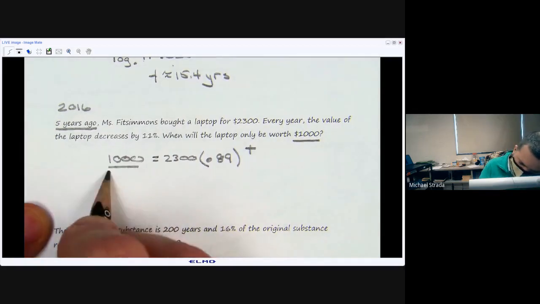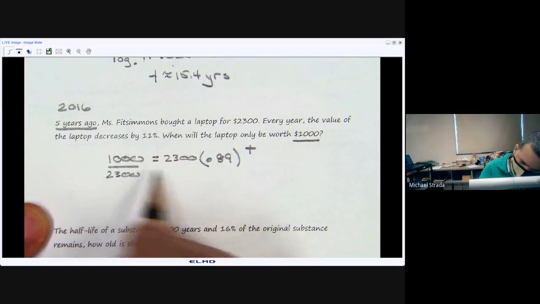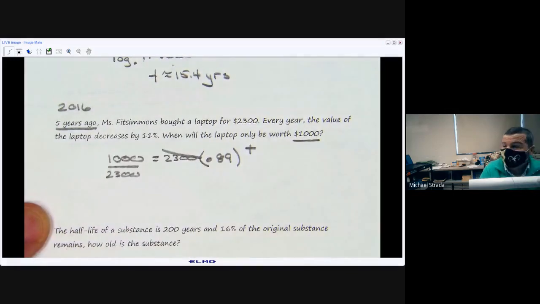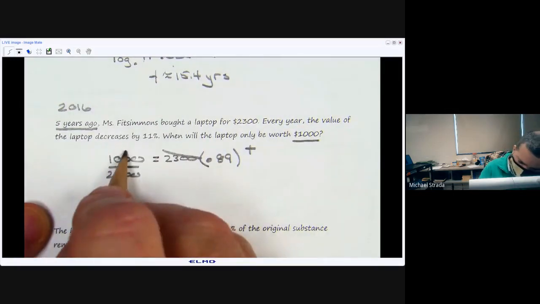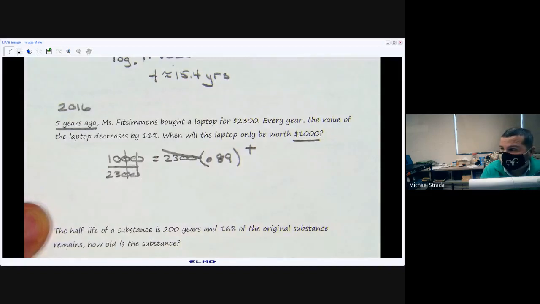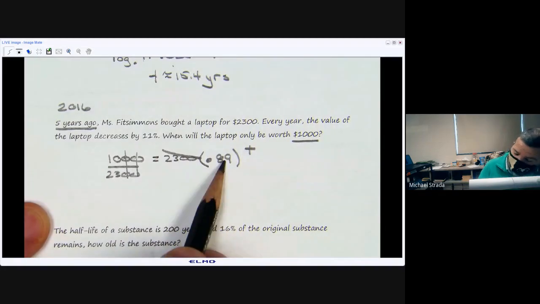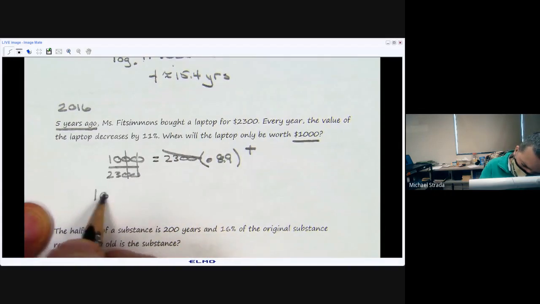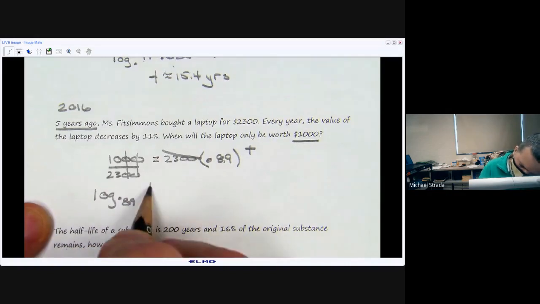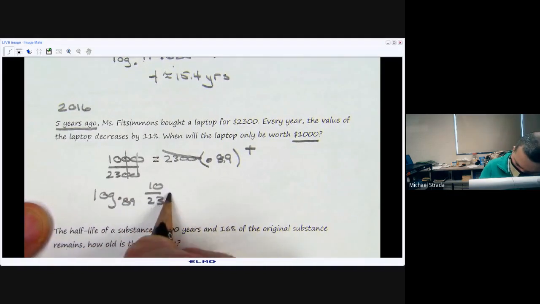Divide by the 2,300. Again, if it makes your life easier, the zeros are going to cancel out, but that's up to you. You don't have to do that. The base of my exponent is 0.89, so the base of my log is going to be 0.89. So the log 0.89 of 10 over 23 equals t.